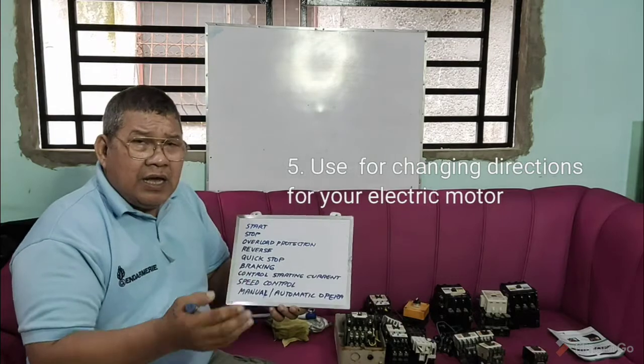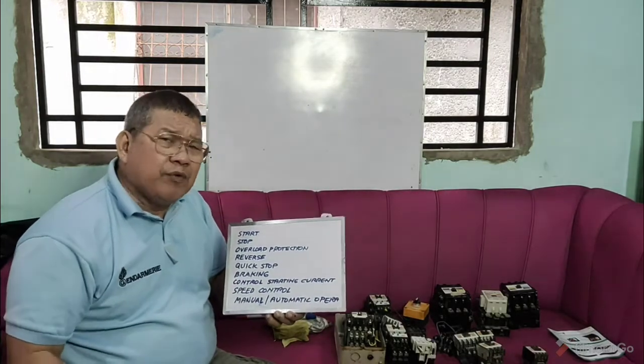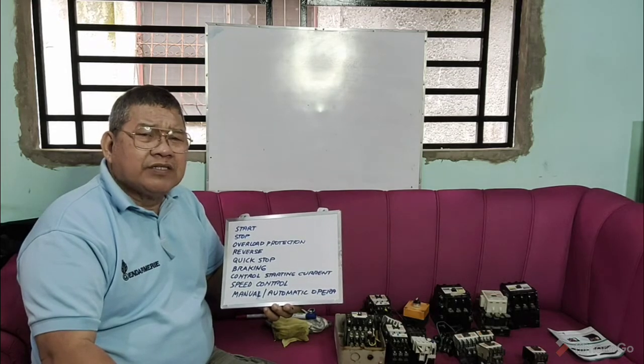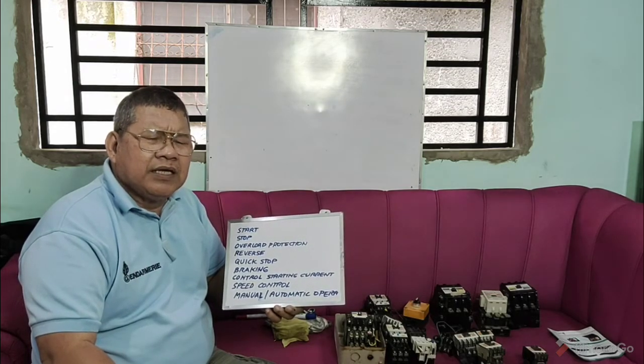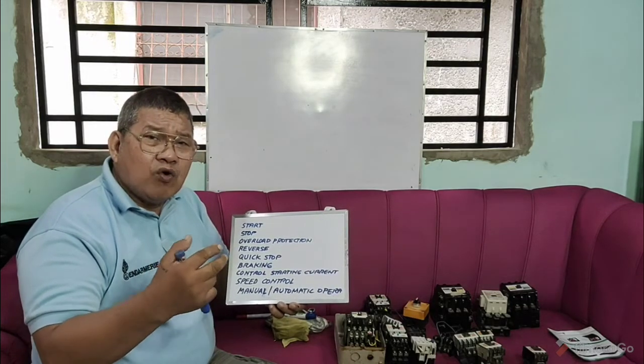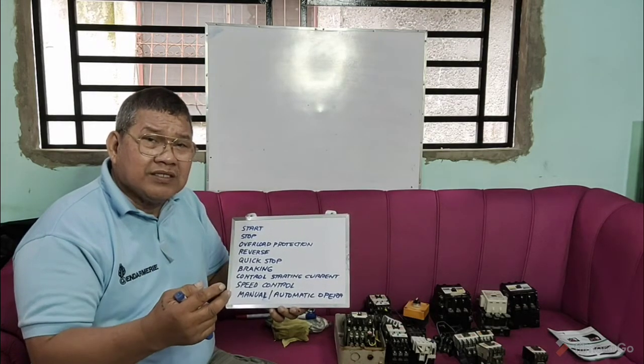Now, in our previous lessons, particularly in the motor, if you want to reverse a certain motor, like for instance the capacitor motor, you simply interchange either the running or starting winding, but not both windings, diba?